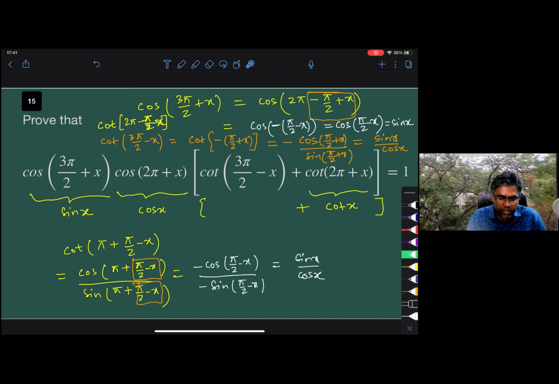So after 2 pi, you take everything with sign. Then this is cos of minus of some angle. So that will be minus, because this minus is because of the sine, not because of the cos. So this minus upfront is because of sine, because sine of minus theta is minus sine theta.